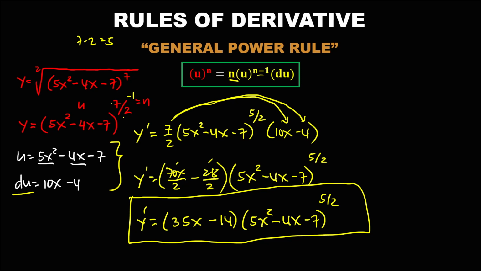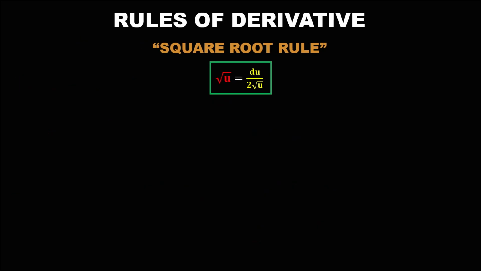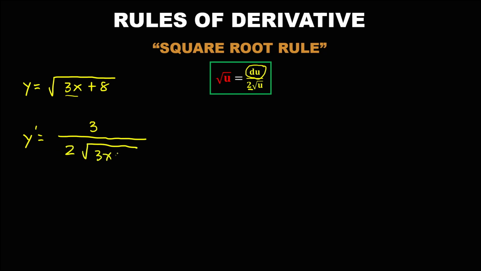Then for the derivative of a square root, using this formula, if given the square root of 3x plus 8, to find the derivative, the derivative of u, or the derivative of 3x, that's 3, then over 2 times the given square root of 3x plus 8.